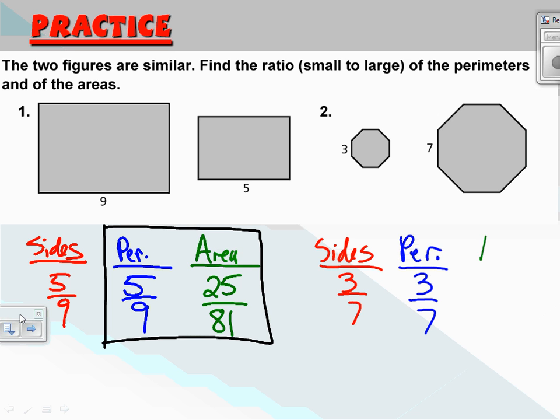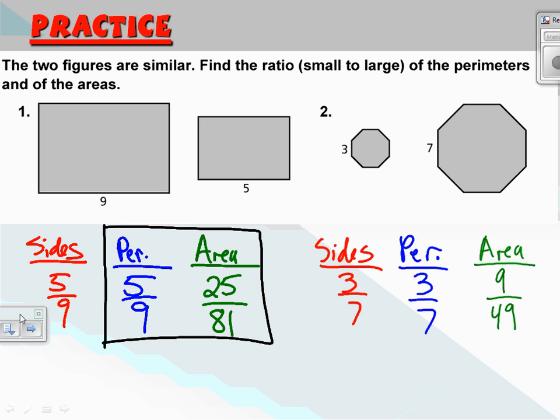So what's the ratio of the areas? Well, like I said before, isn't it just the square of the ratio of the sides? Yes, it is. What's 3 squared? 9. What's 7 squared? 49. Can that be simplified?